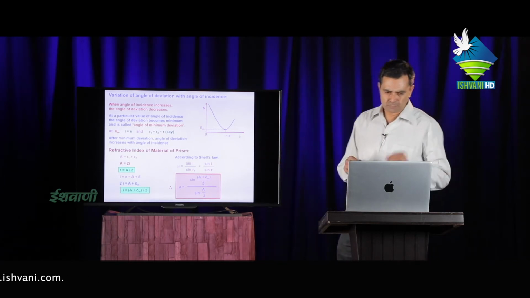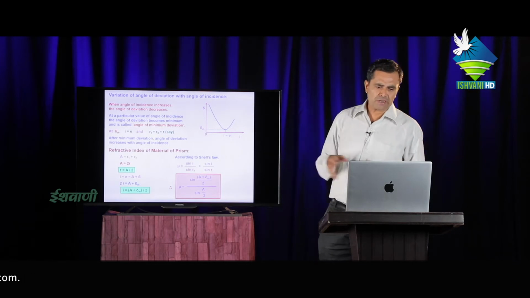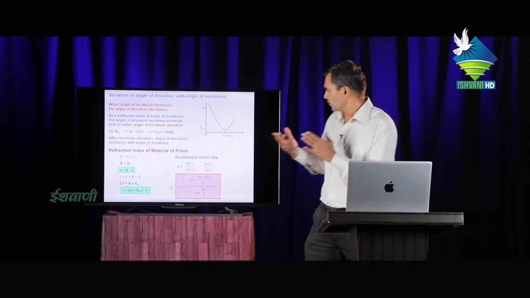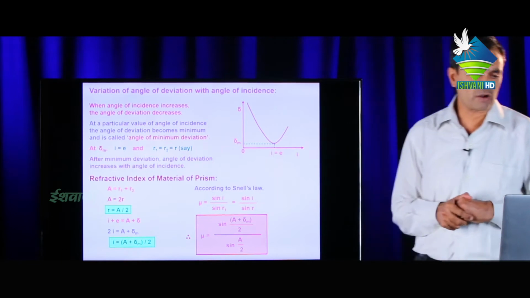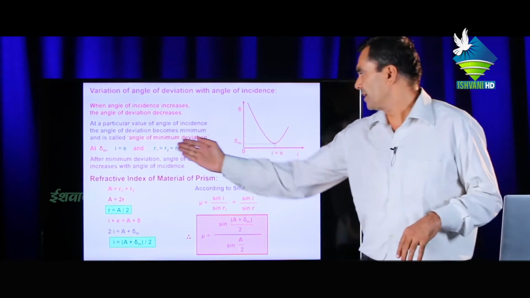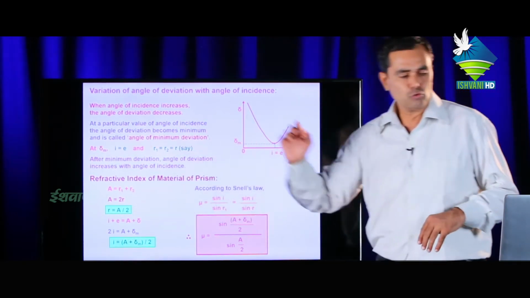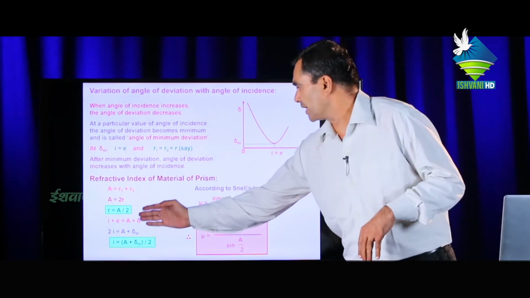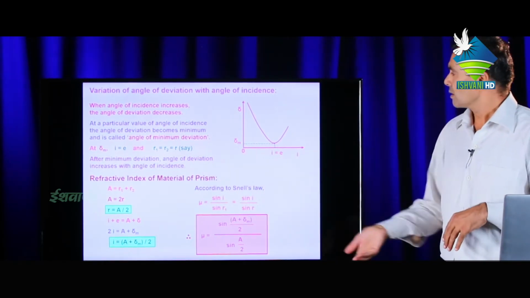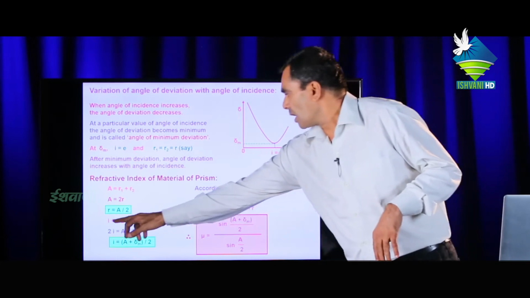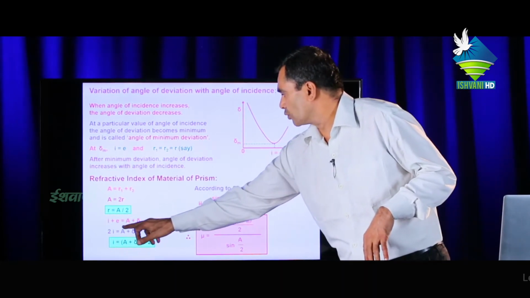Now the next point, refractive index of the material of the prism. We know that A equals R1 plus R2. If R1 and R2 are the same, then A equals 2R, so R equals A upon 2. And from the last topic, I plus E equals A plus delta.